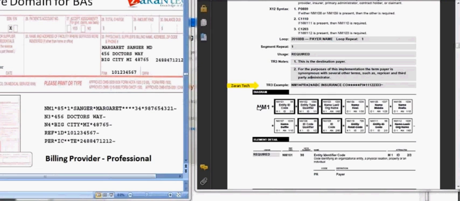And if you see the structure here, that means 1, 2, 3, 4, 5, 6, 6 plus 6, 12. There are 12 elements here in the segment NM1, okay. Each box represents one element. So each element is separated by an asterisk. If you see here, you can see an asterisk, right? That's what this asterisk is, okay?